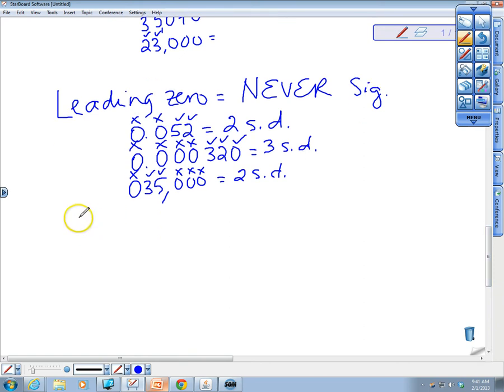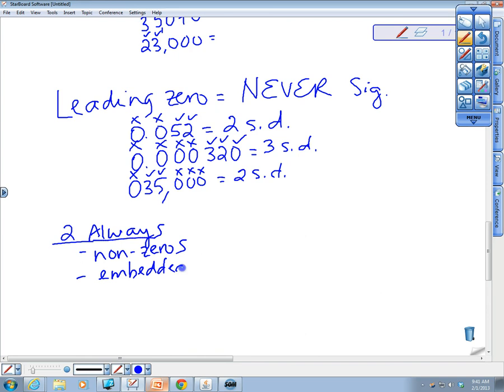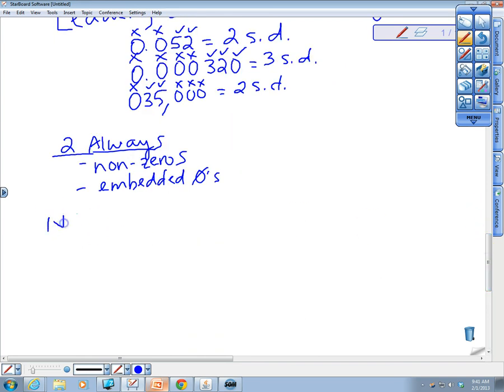So in summary, there are 2 things that are always significant: non-zeros and embedded zeros. One thing that's never significant is leading zeros.